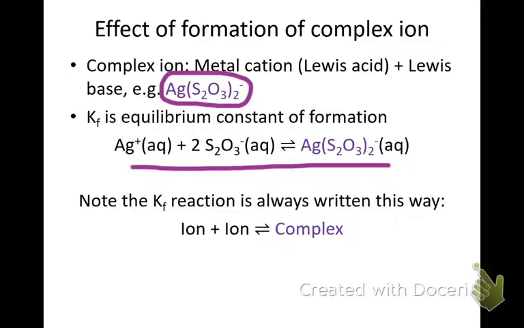When the reaction is written this way, where the Lewis acid plus the Lewis base forms the complex ion, the equilibrium constant is always given the special label Kf, for formation of a complex ion.